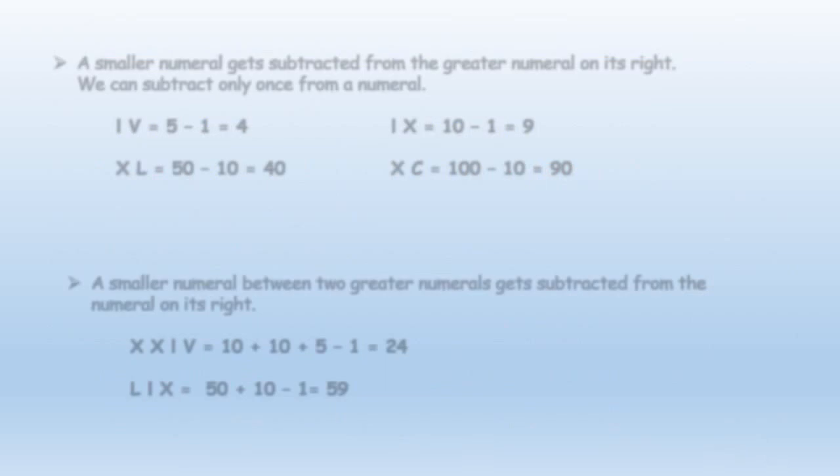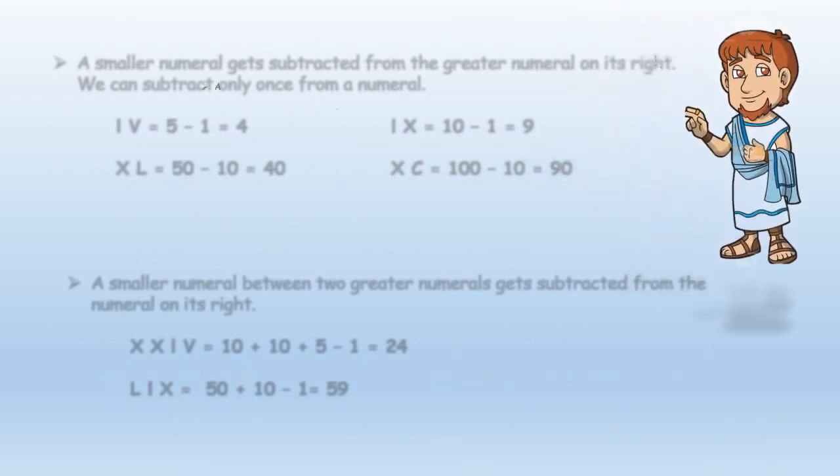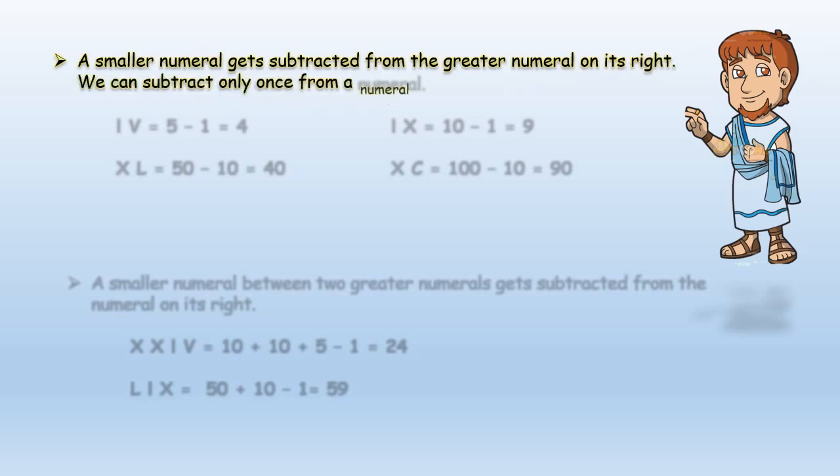Let's see what the third rule says. The third rule says a smaller numeral gets subtracted from the greater numeral on its right. We can subtract only once from a numeral.